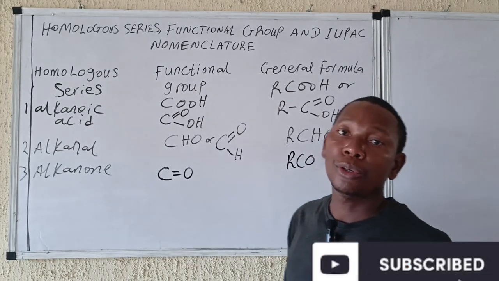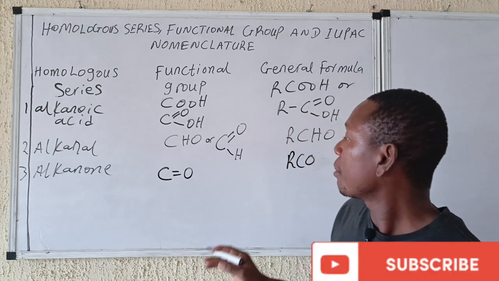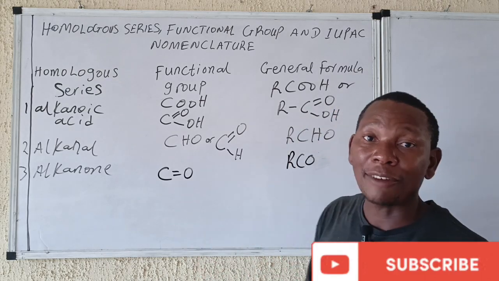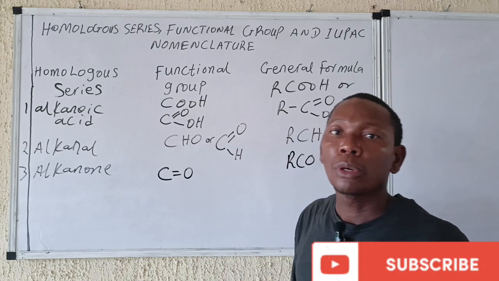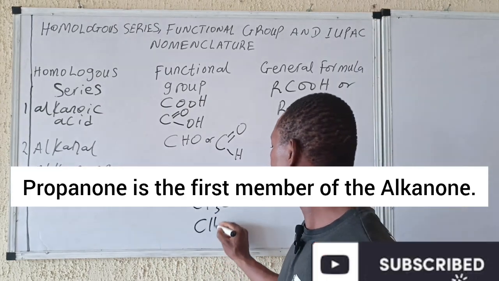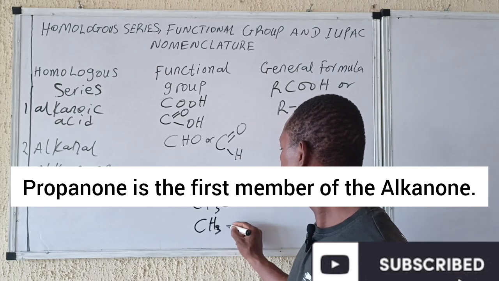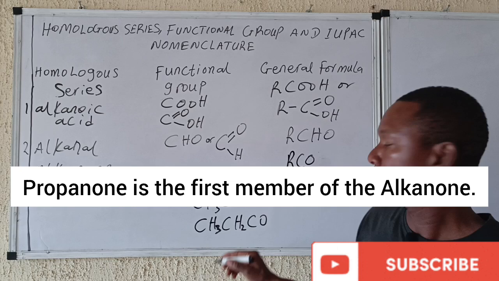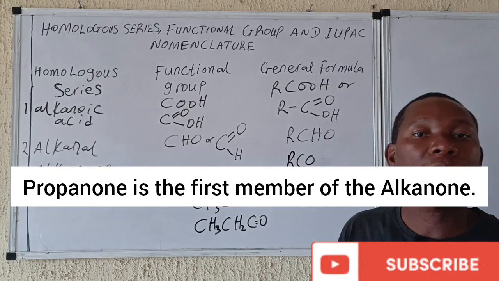Now, take note, the first member definitely does not exist in nature, but we have the propanone, we have the butanones. For example, propanone will be definitely CH3, CO, CH3. So take note of that.